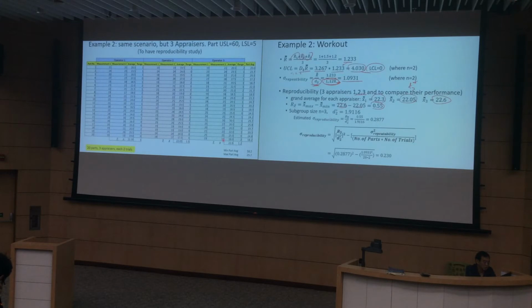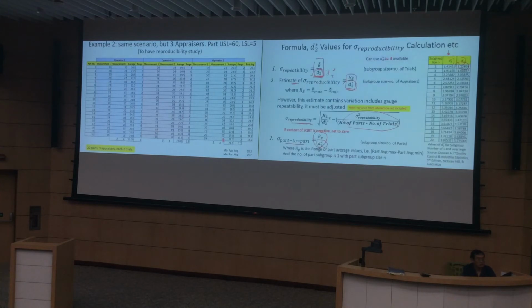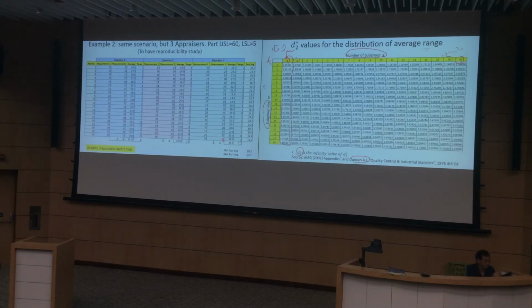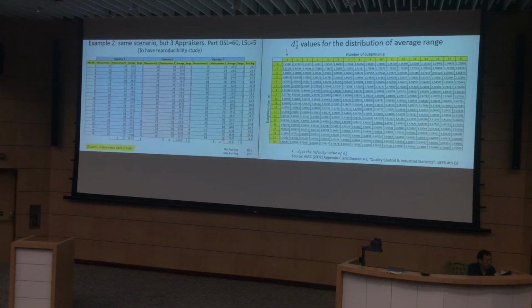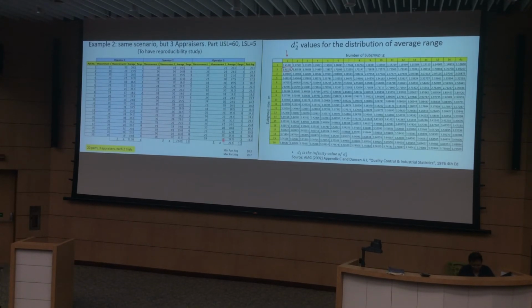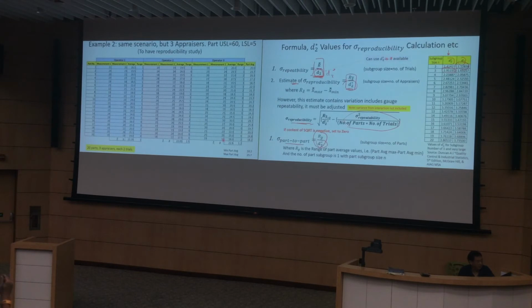Since the subgroup is the 3 appraisers, n equal to 3, you look back to this table here. Let me clean it up. We have only 1 subgroup, we have 3, so in this table here I just plug it in here.